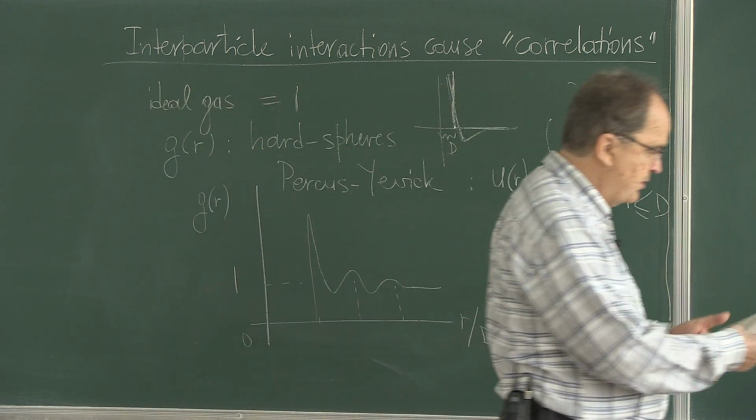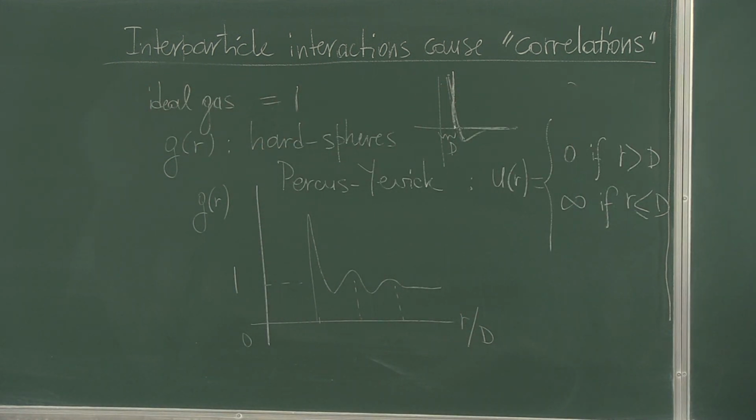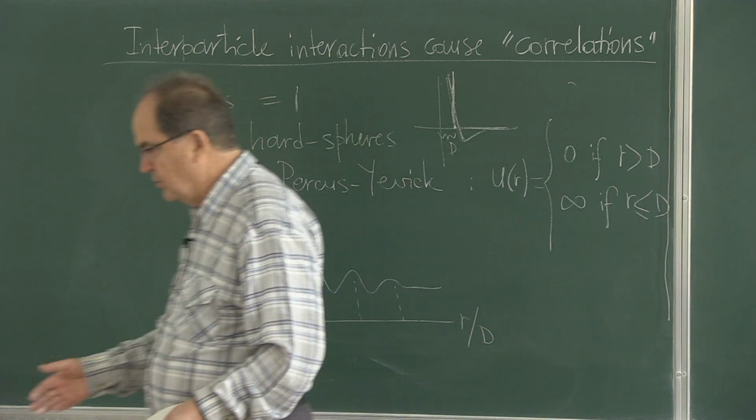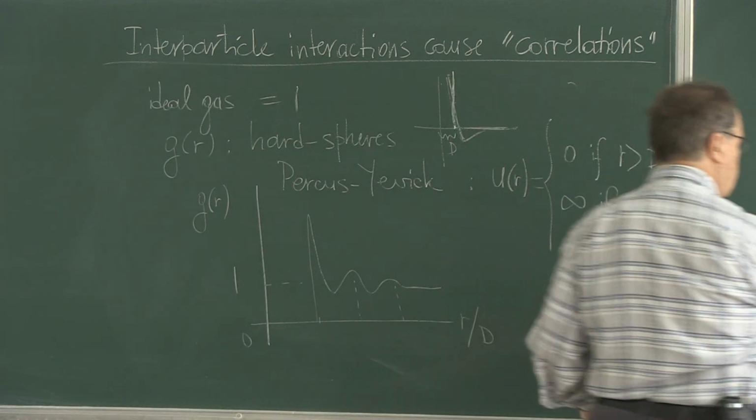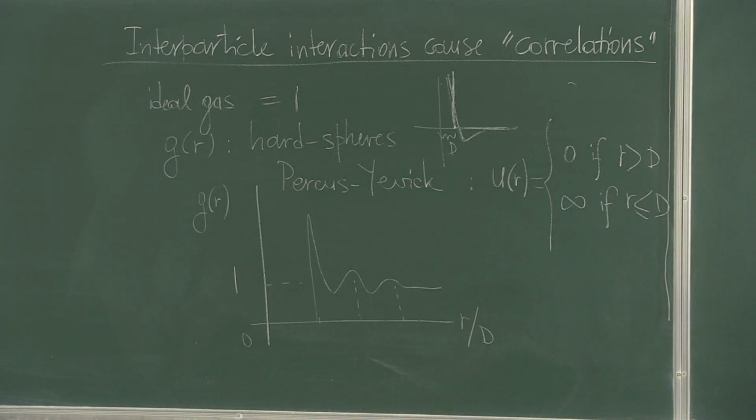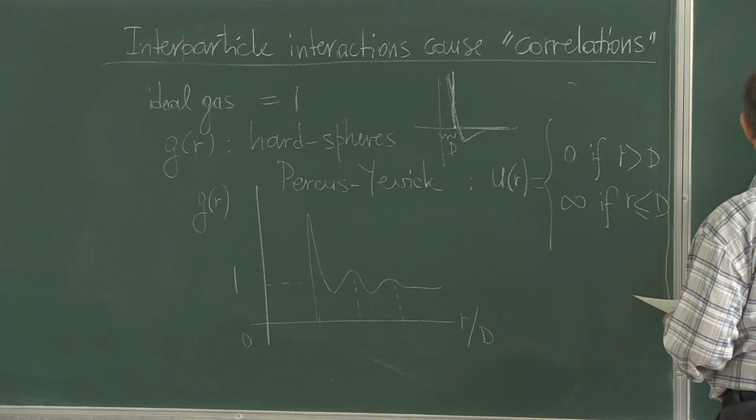So let's look at it from a picture. I will try to draw the positions of atoms, hard spheres, for you. I think you have a nice picture in your book. So it must be something like this.